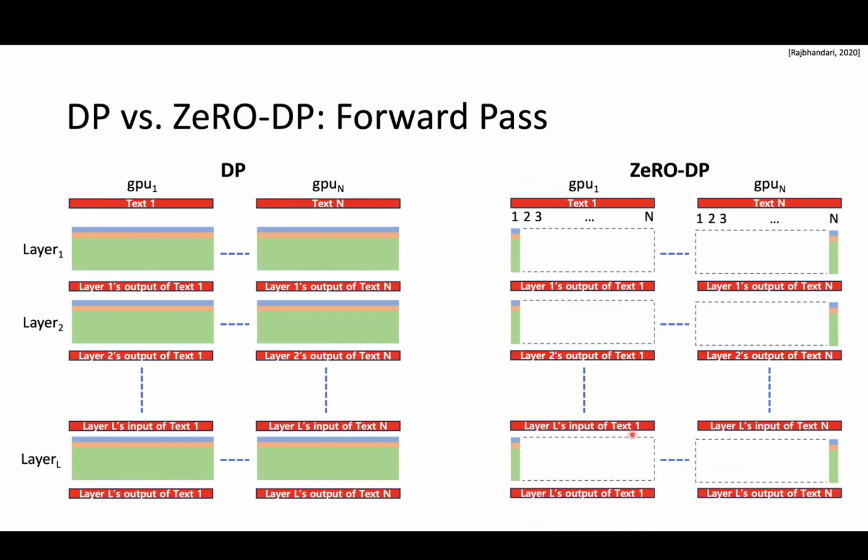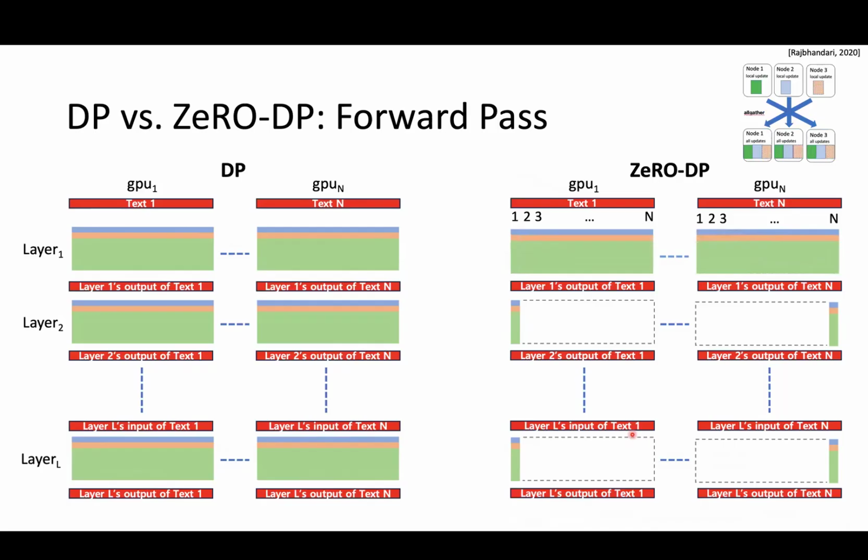So when we execute one model, one layer during forward pass or backward pass, before executing one layer, we need to do all-gather of model parameters between GPUs. Temporarily, each GPU has all the parameters of the current layer, and we execute that layer to obtain the output.